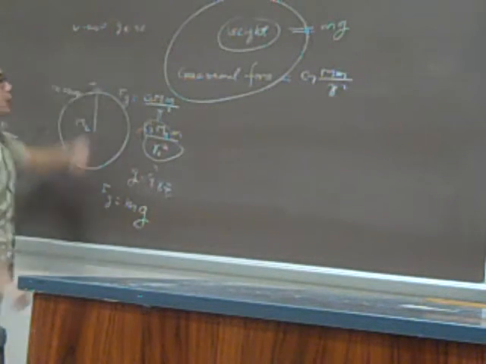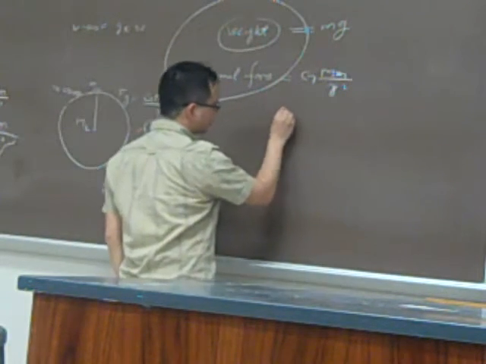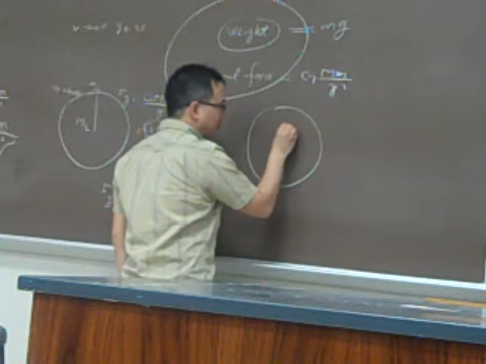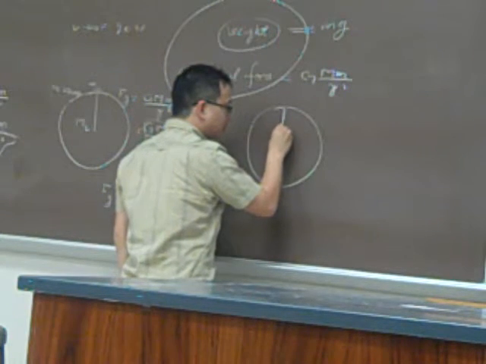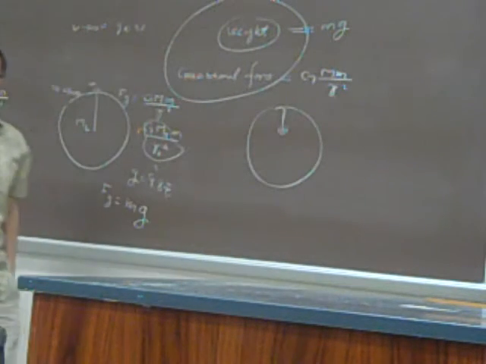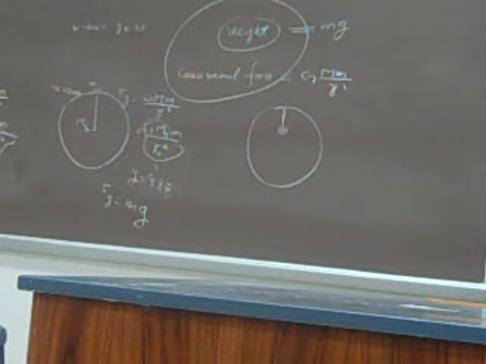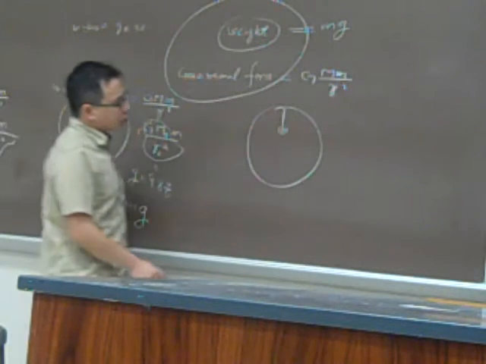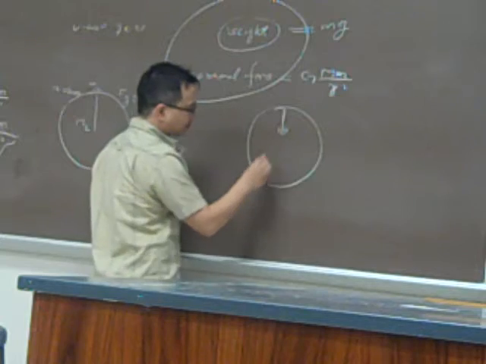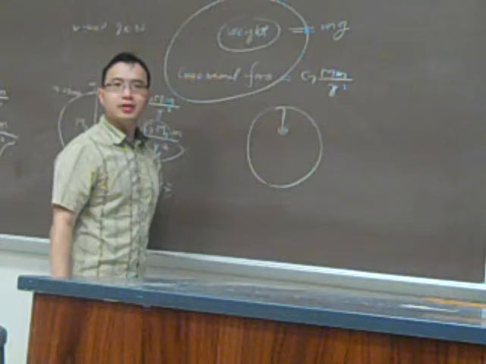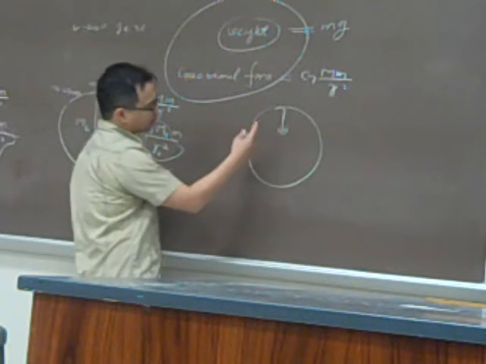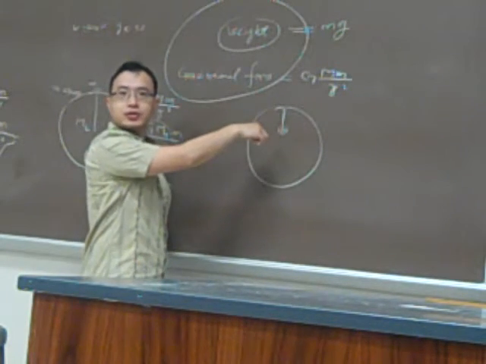So there's no problem. But if I ask you a problem, suppose I'm here. Okay, I can make a hole here. If I'm standing here, how to calculate the weight or the gravitational force acted on my body at that position? Okay, the question is that in this case you can see the gravitational force from the Earth now is quite different because I'm inside of the Earth.